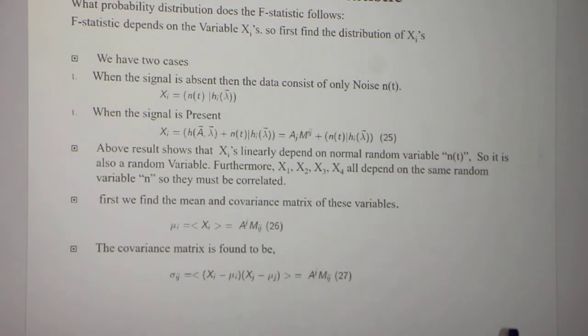So in the case when there is a signal, we find the mean and the covariance matrix, because we consider x1, x2, x3 as a multivariate Gaussian vector.